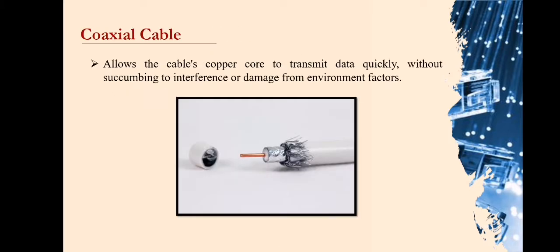Let us now go back to the different types of media. First we have the coaxial cable. So what is a coaxial cable? A coaxial cable has a single conductor that runs through the center.